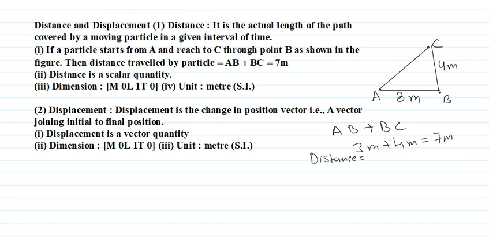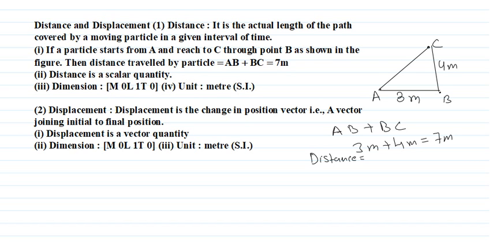Now distance is a scalar quantity. We have discussed that distance is a scalar quantity, meaning you need only numbers, only magnitude to describe distance. It does not depend upon direction.